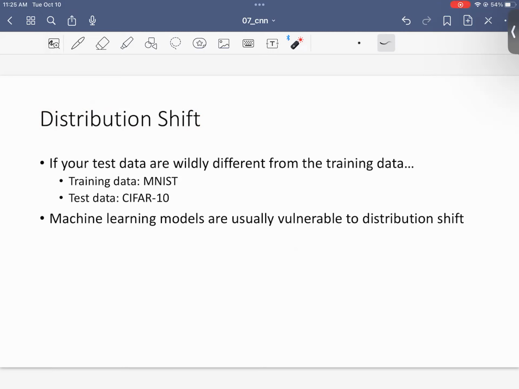For example, if your test data are very different from your training data, say you train your model on MNIST but you suddenly test on CIFAR-10, then it wouldn't work, because your model was not trained on CIFAR-10, it was trained on MNIST, and it cannot generalize to CIFAR-10 all of a sudden. So machine learning models are usually very vulnerable to distribution shift. This is what distribution shift is: the distribution of your test data is suddenly very much shifted from your training data distribution.